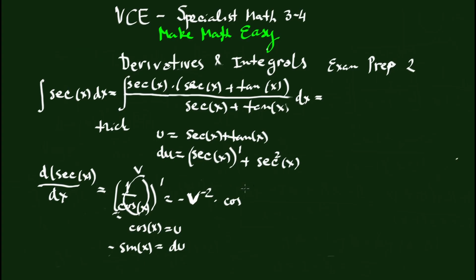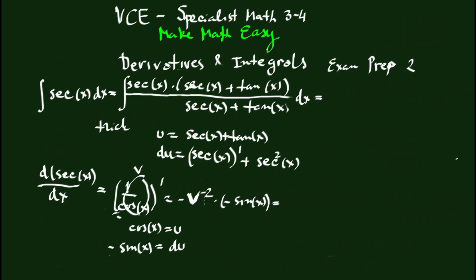So that's our v here, and it's our u here. So times the derivative of u, and that's times minus sine of x.